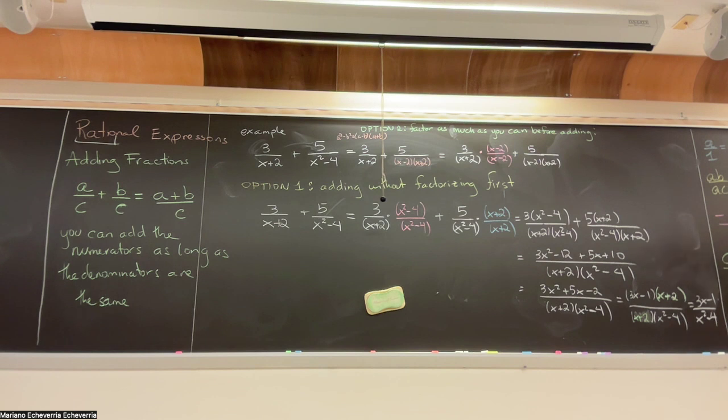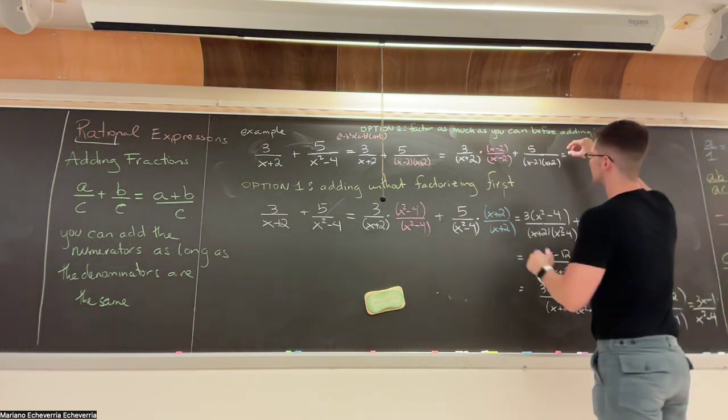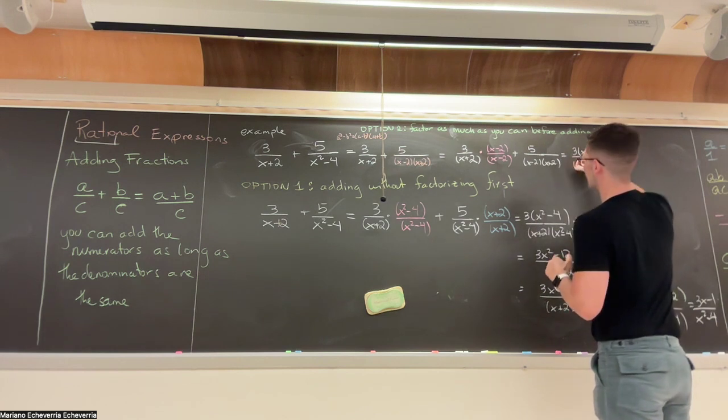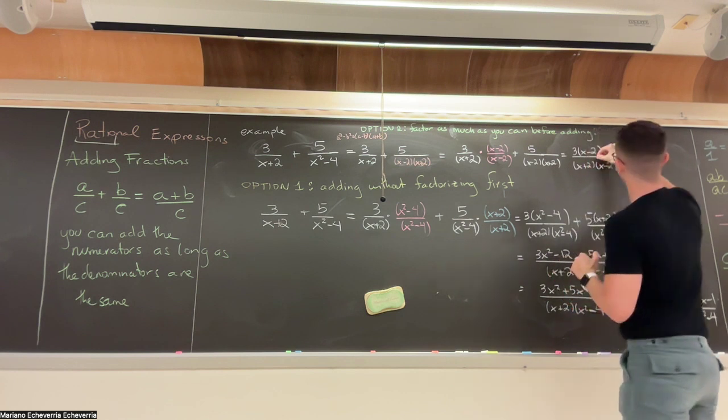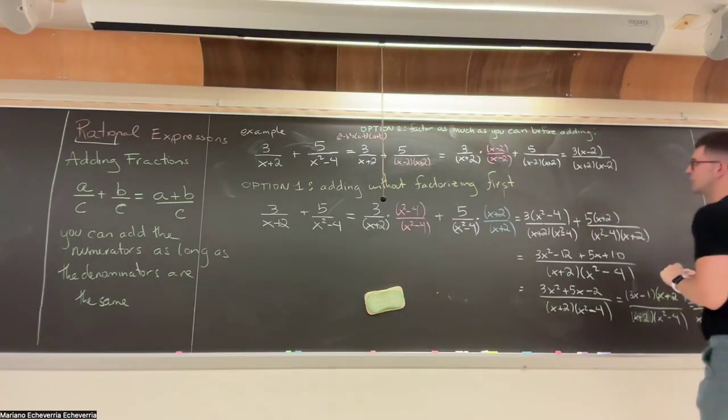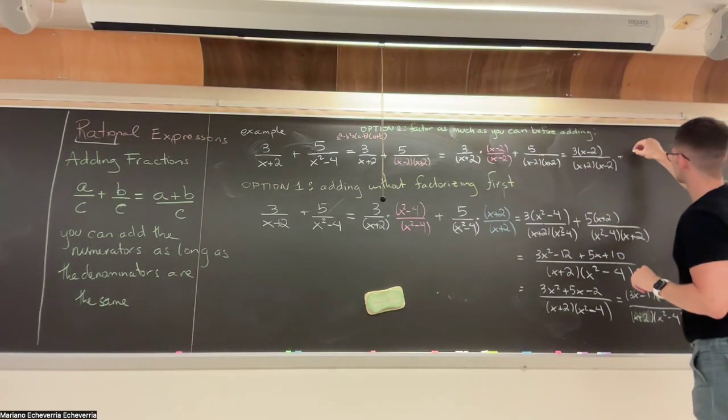I'll do another example in a second, just with this method, so that it sticks better. So the first fraction becomes just multiply numerators, multiply denominators, and you have the second one, which is just this.